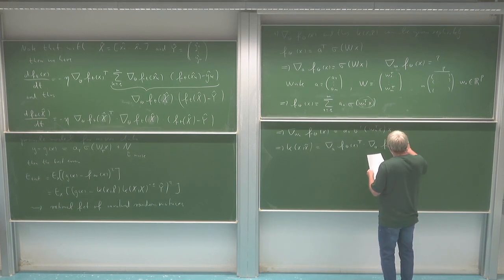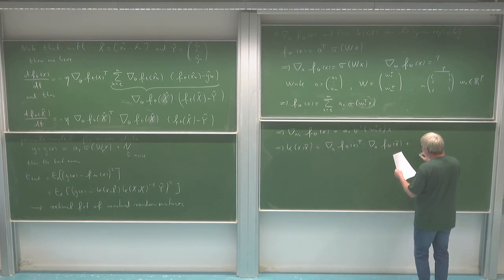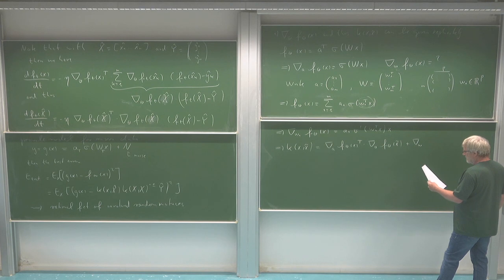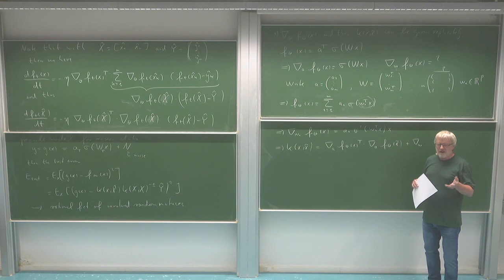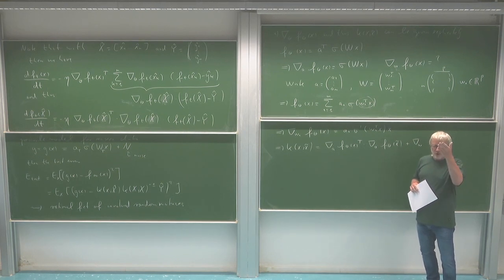But then I have the second part, where I have the gradient with respect to my w, and maybe I have split my w into these wi's.